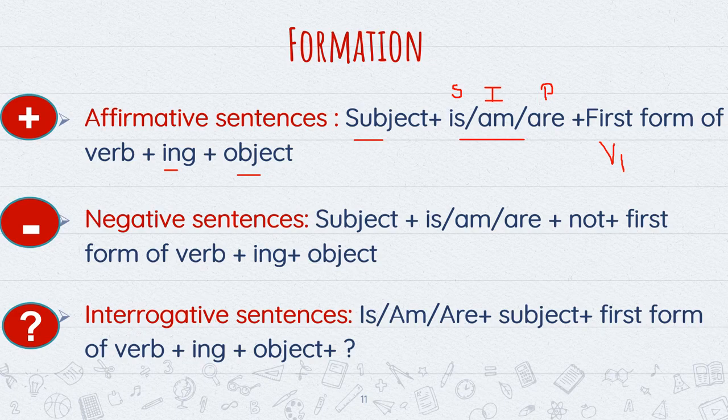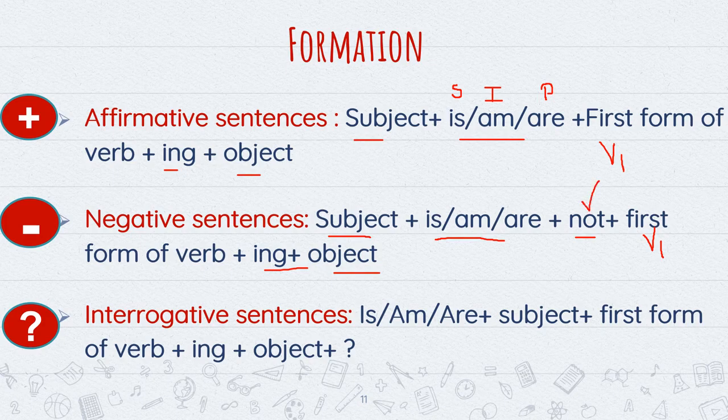Okay. Now see the formation for negative sentences. Subject plus is, am, or are, plus not, plus first form of verb, or we can say V1, plus ing, plus object. So what will we use in negative sentences? We will add not.